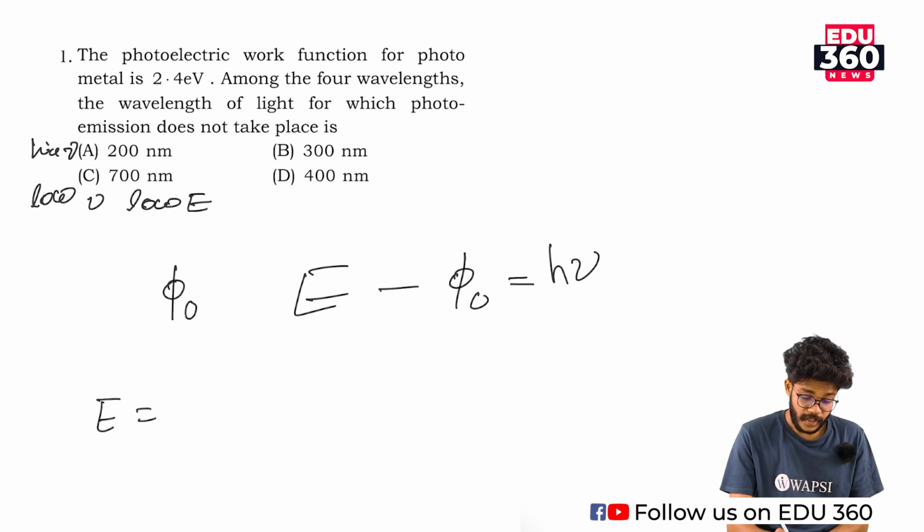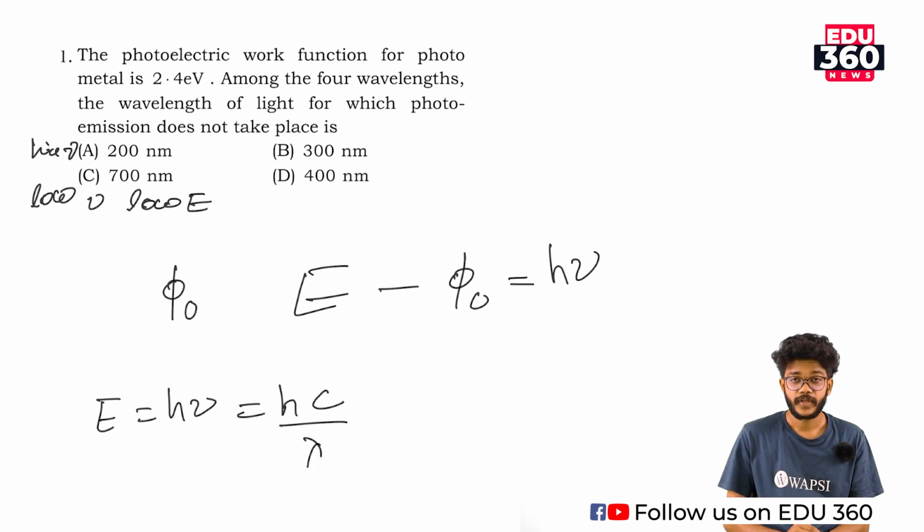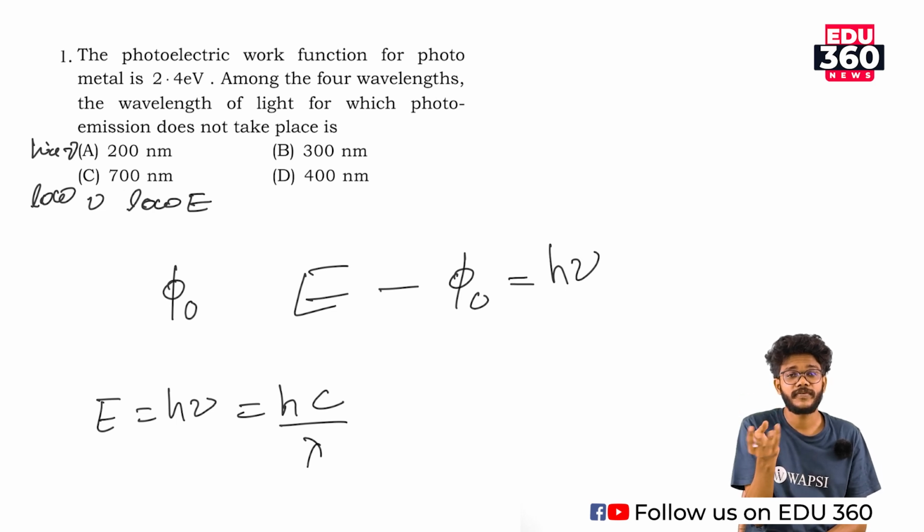But we can also calculate it. Energy E is equal to h nu, which is equal to hc by lambda. When we calculate hc, the value is in joule, so we need to transform it into electron volt.